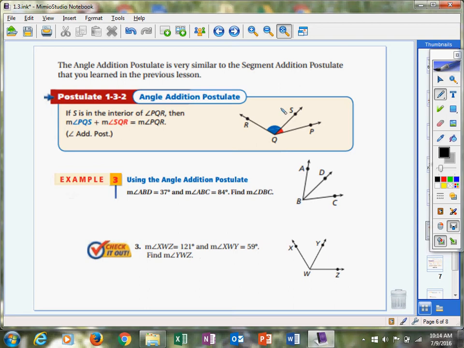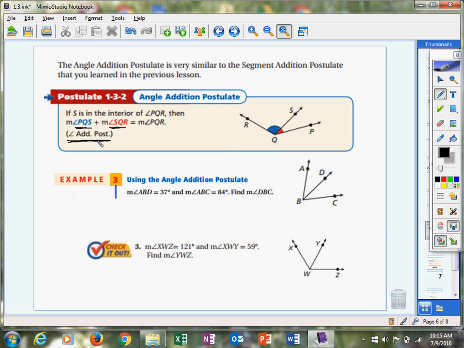We can use angle addition to show that if I add angle PQS, shown in red, to angle SQR, which is in blue, although why they have these colors backwards, I don't know, then those angles together form the big angle PQR. That's pretty cool, and we call that the angle addition postulate, and that's how we shorthand it right here. So definitely learn that shorthand. We will create shorthand for some of these things as they pop up.